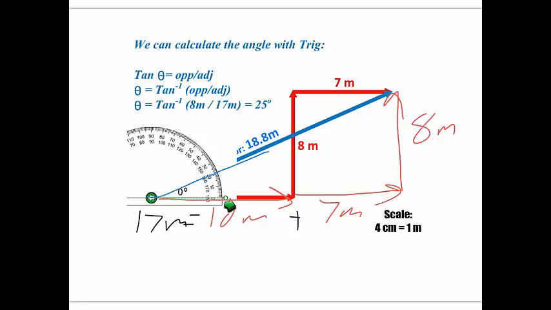Using trigonometry, if this is the angle that I measured, then this 8 meter vector is on the opposite end of the triangle from where I made the angle measurement, so that's the opposite side. And this length, which is right next to the angle, is the adjacent piece, so the 17 meters is the adjacent part of the triangle. And so I use the inverse tan function to calculate an ideal for what that angle should be.